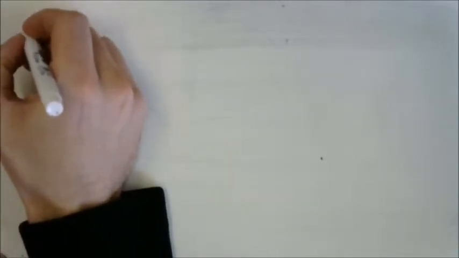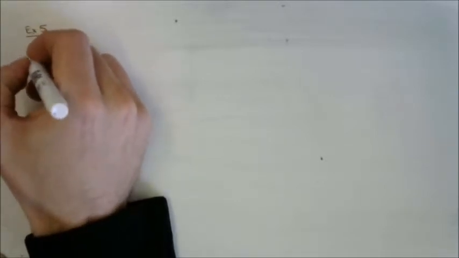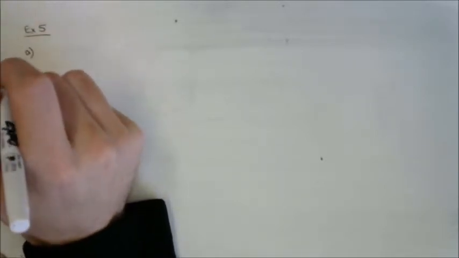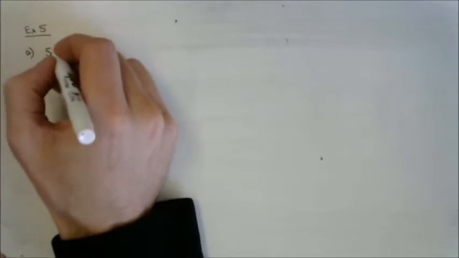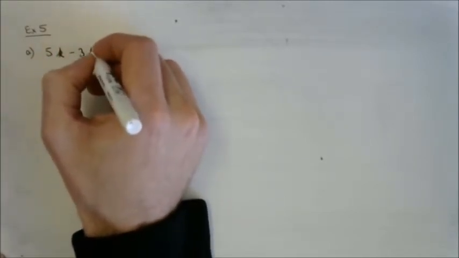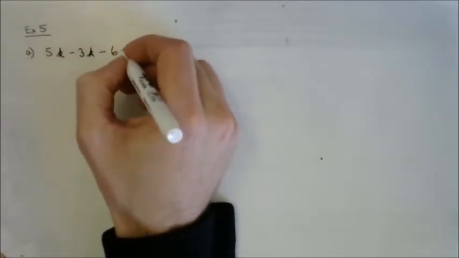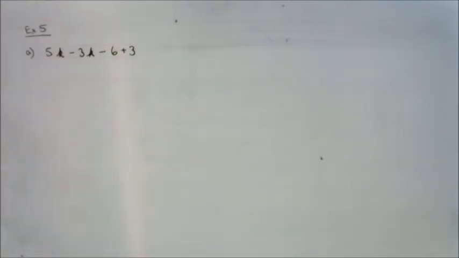So we're on example 5, and we're going to collect like terms, and it's asking us to use algebra tiles to simplify each expression. Our first expression that we're going to simplify is 5k minus 3k minus 6 plus 3.